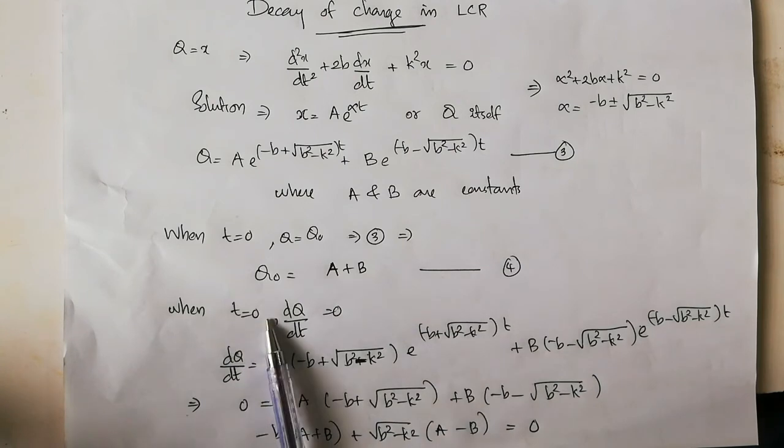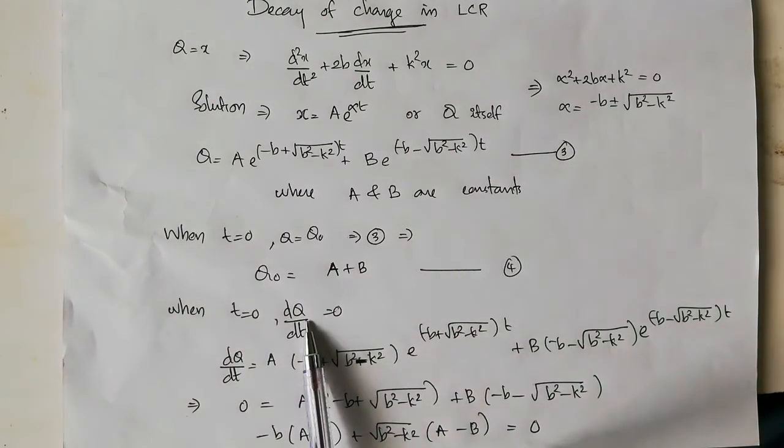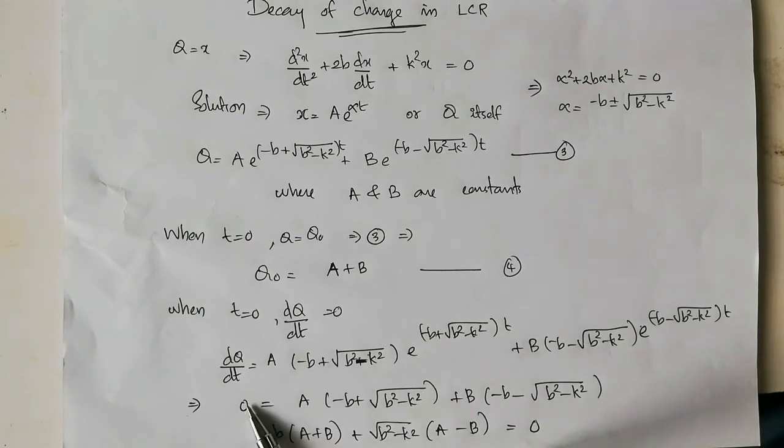Then we substitute this condition, t = 0, dQ/dt = 0. That implies the left-hand side is equal to 0 and the exponential terms will be 1. Remaining, a(−b + √(b² − k²)) + b(−b − √(b² − k²)) = 0, that is −b(a + b) + √(b² − k²)(a − b) = 0.